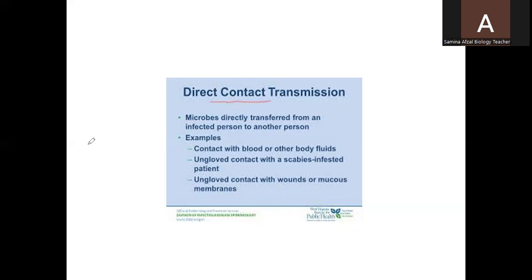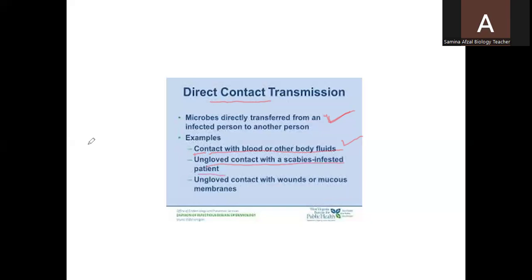So microorganisms are directly transferred from an infected person to another person, as I have already told you, by, you can say, shaking hands or touching each other. So these diseases can be transferred. Contact with blood or other body fluids, and ungloved contact with a scabies-infested patient.